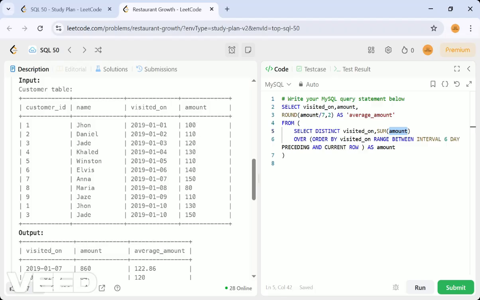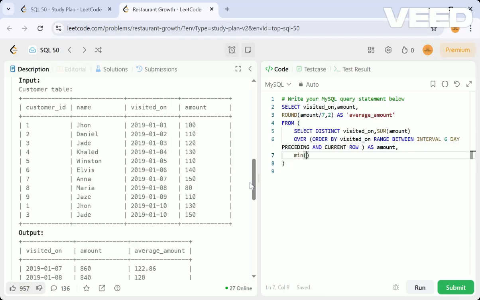The range between these two, if there is a listed on, that amount we are summing up and having as an amount in this subquery, and that amount we are rounding up here by taking the average with 7. So these data from which table we are collecting as amount, right? As amount, and then listed on we don't have, right? Listed on also we have to take.